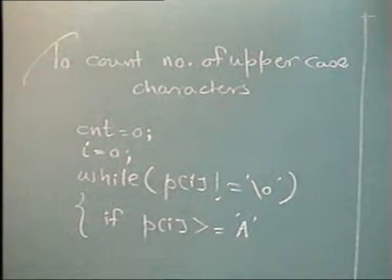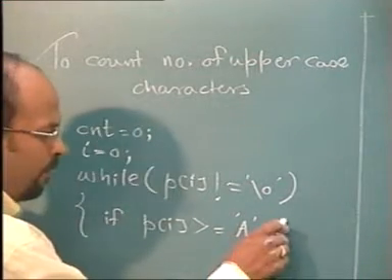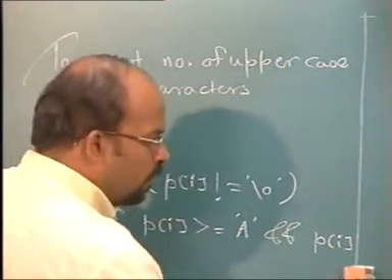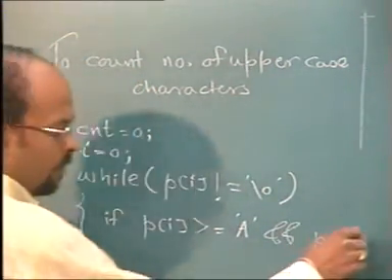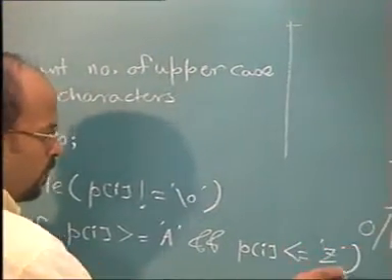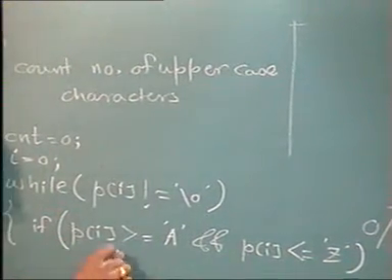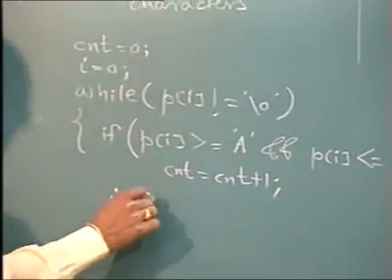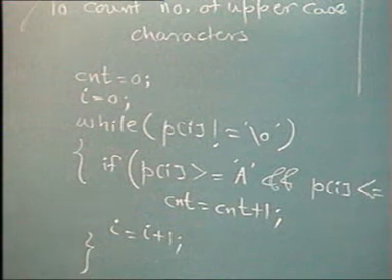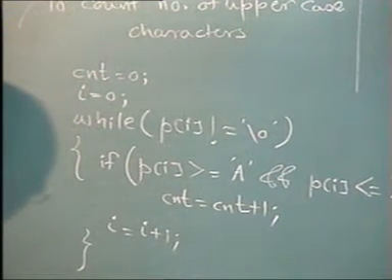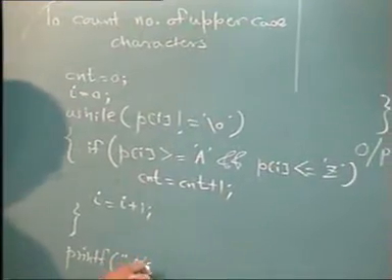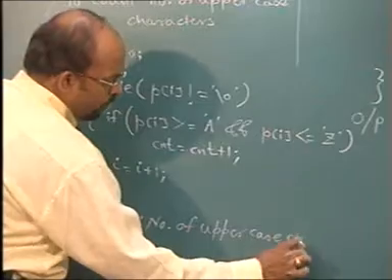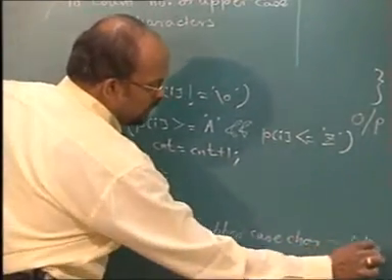So it should be greater than or equal to capital A, and P of I should be less than or equal to capital Z, then counter equals counter plus 1, and then go to the next character. Printf number of uppercase characters is equal to %d cnt.